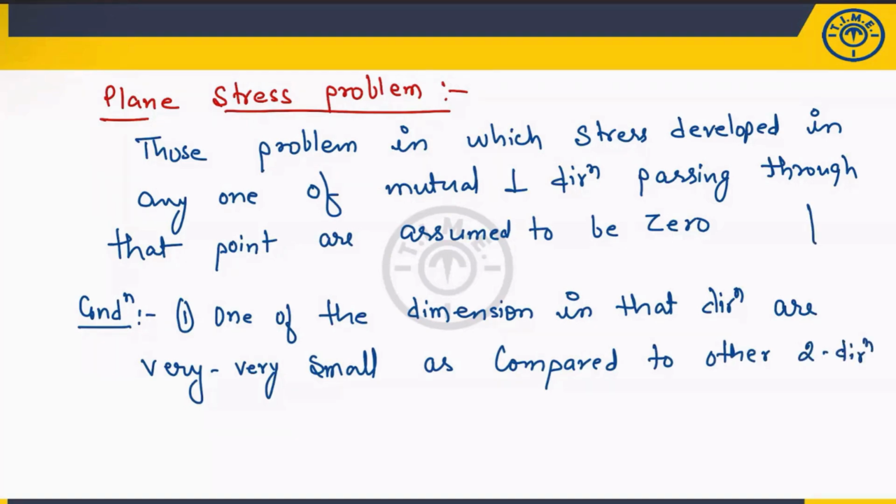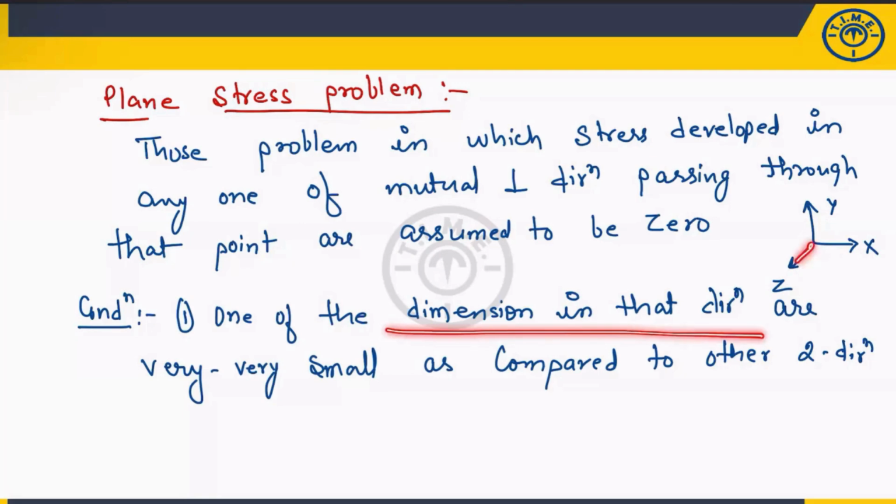Other two directions means, let us suppose this is x, this is y, this is z. The stress developed in one of the directions, either in z, y, or x. So only sigma x and sigma y are there, and sigma z value will be 0. How can you identify it?